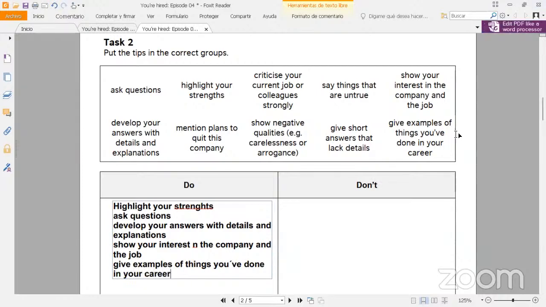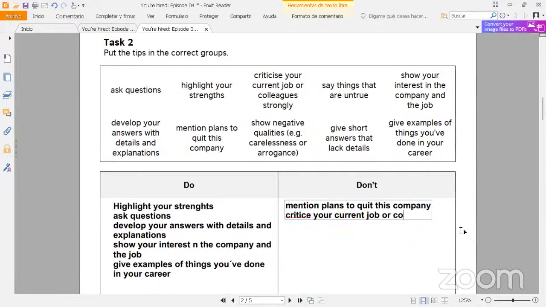Okay. What about the don'ts? Mention plans to quit this company. Criticize your current job or colleagues. Show negative qualities, careless or arrogant.